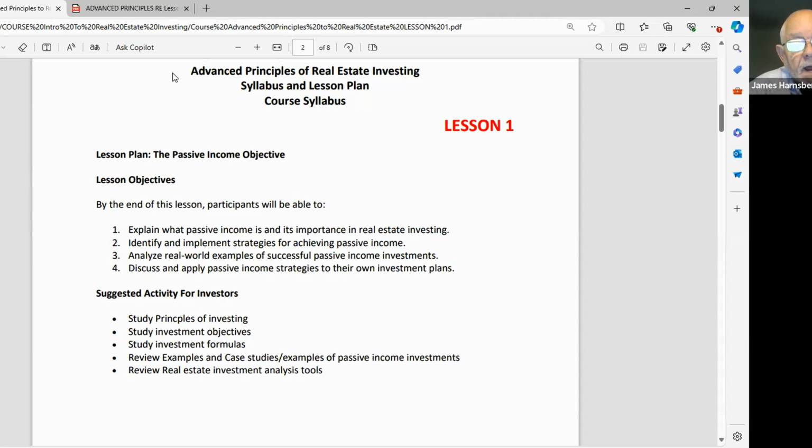Review different examples or case studies of passive income versus capital growth strategies. And review real estate investment analysis tools, things that allow you to analyze a piece of real estate from both a financial as well as a tax perspective, pre-tax, post-tax.